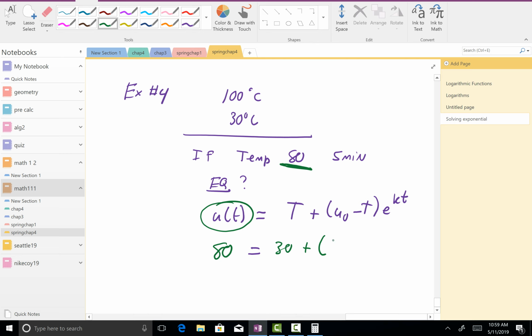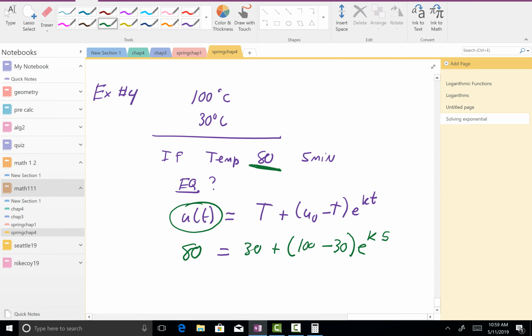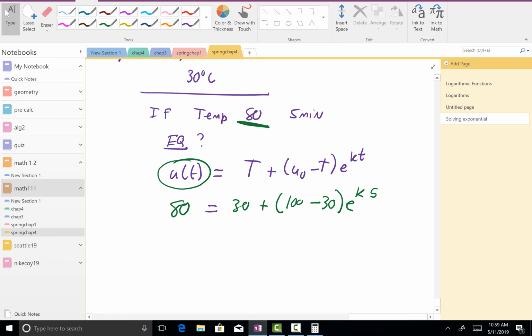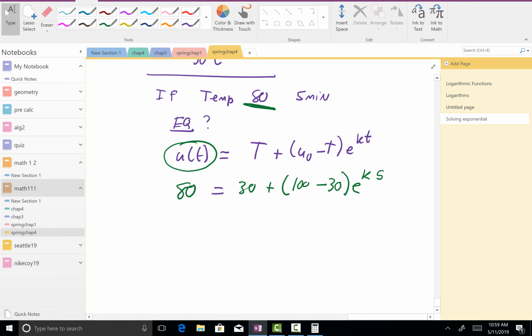All right, so here's what we got. Obviously, we're going to move that 30 over to the other side. And we can figure this out. And now, see, it just becomes the same thing that we've been doing. All right, it just doesn't change.